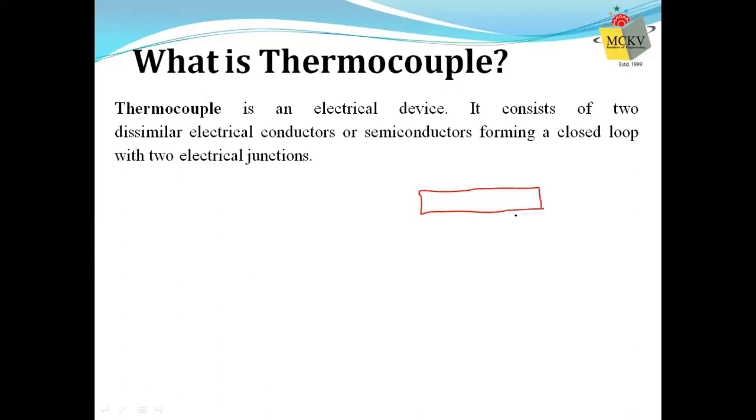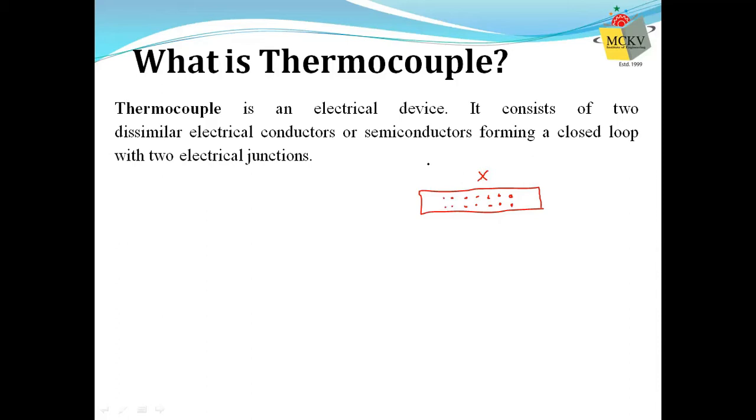I repeat, even in a single conductor, you can generate an EMF. Let us say this is a single conductor. Let us say I name this conductor or a metal as X. And you know that in a conductor, you have lots and lots of free electrons that carry thermal energy as well as electrical energy. So these are evenly distributed, let us say, inside the metal.